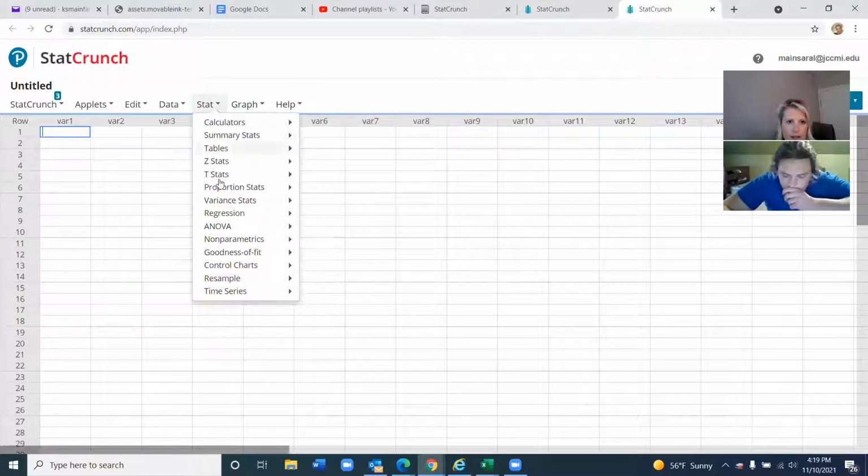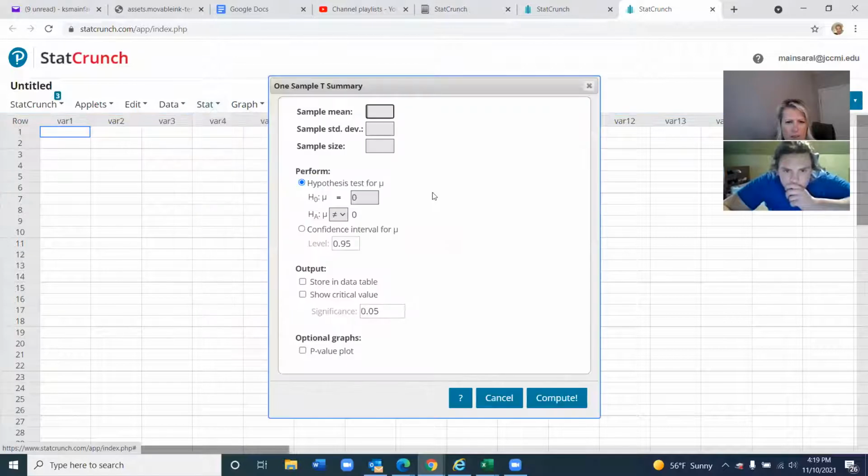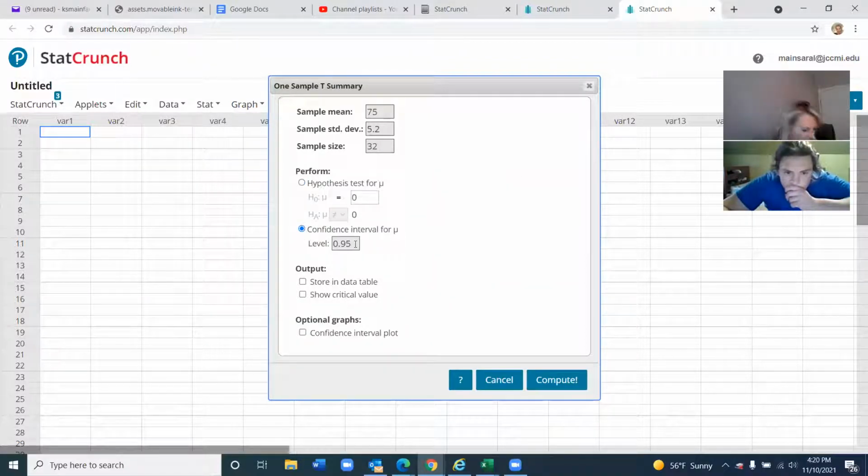We're going to go back to Stat and T stats, and one sample with summary. We probably could have just said edit and changed everything, but so this one's 75, 5.2, and 32. And did I change the last confidence to 92? I don't think so.